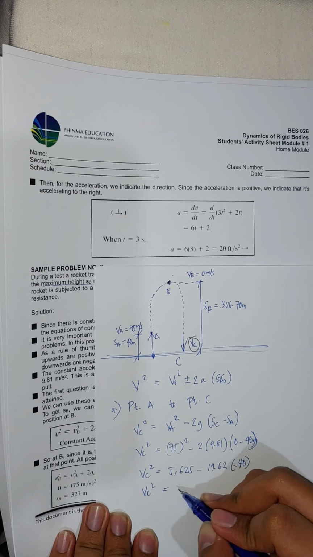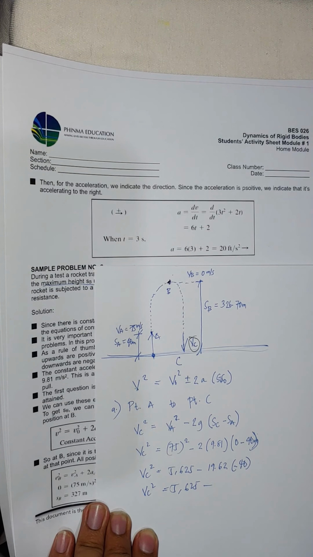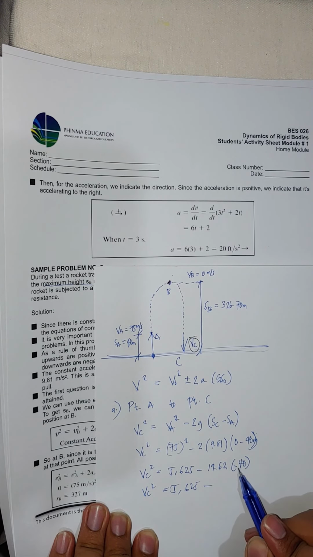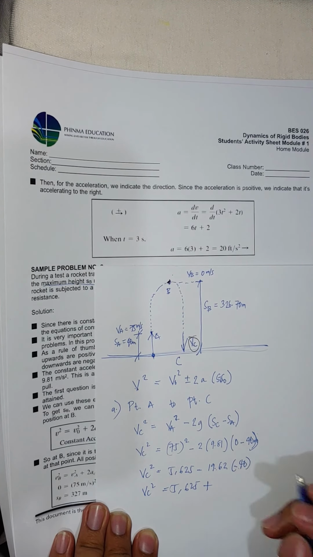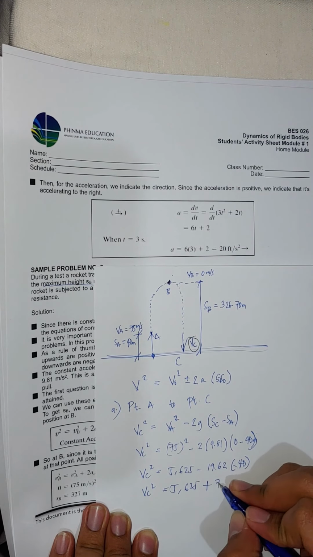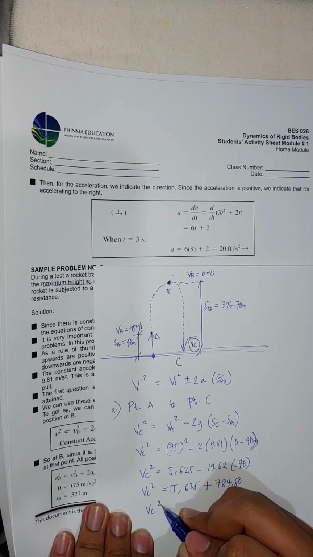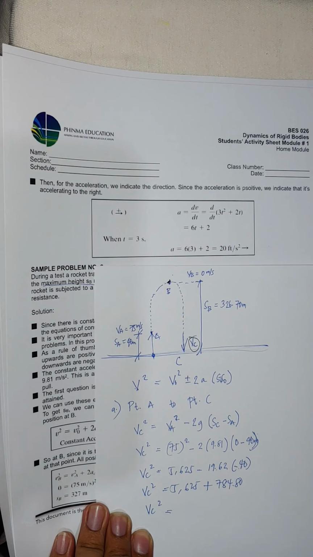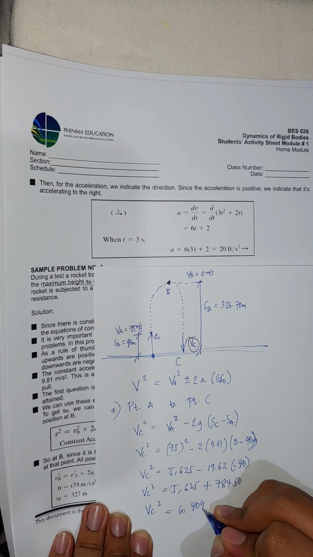VC squared is equal to 5,625 minus, so this is negative 19.62, then times negative 40, we will have a positive, negative times negative is positive. So this becomes plus 784.80. So VC squared is 5,625 plus 784.80, that is equal to 6,409.8.